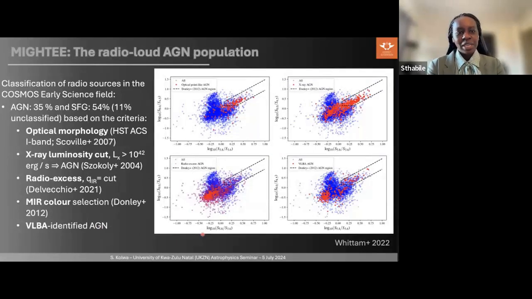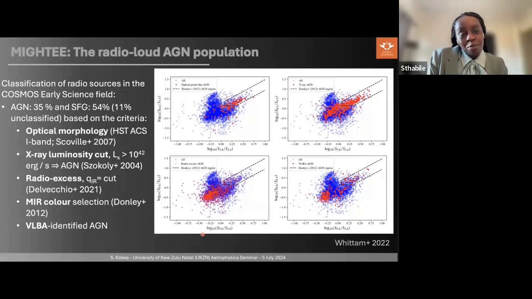However, this cross-identification has been useful in bringing about science, such as this study, which was based on the radio-loud AGN population in COSMOS, using a multi-wavelength diagnostic criteria, several of them, in fact. AGN and star-forming galaxies were identified among the radio sources in the COSMOS field that are MIGHTEE detected.